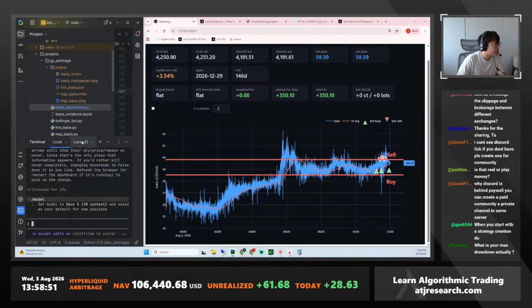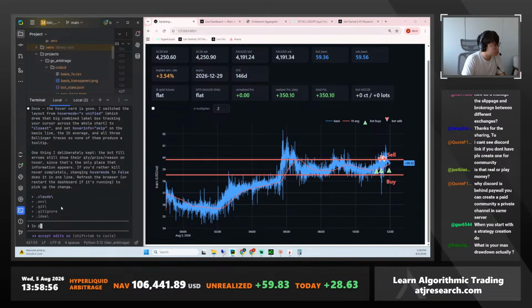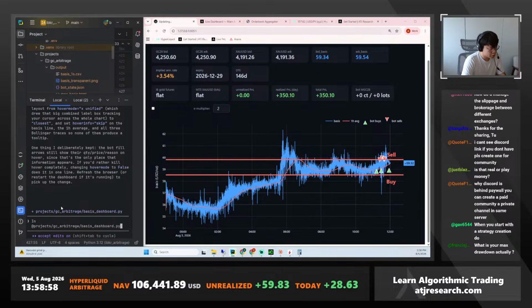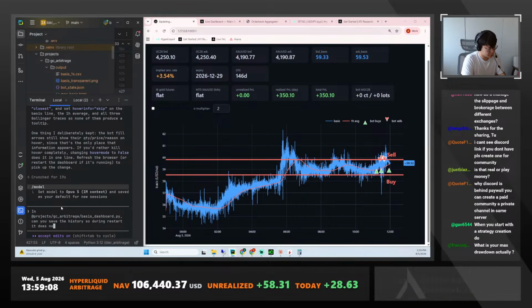We're going to copy this path reference. So in our dashboard, can you save the history so during restart it does not take that long to load?